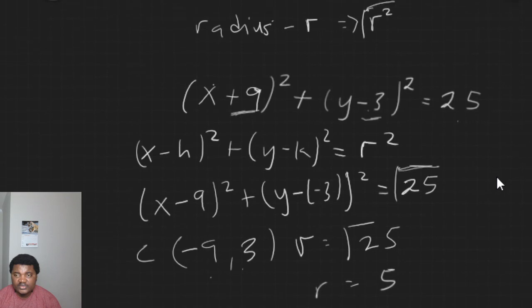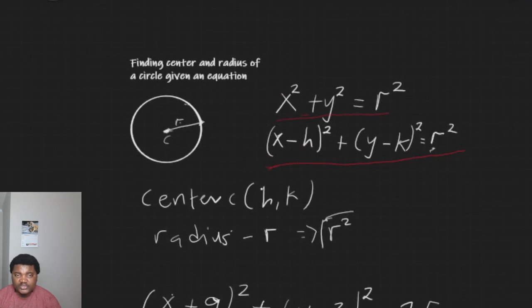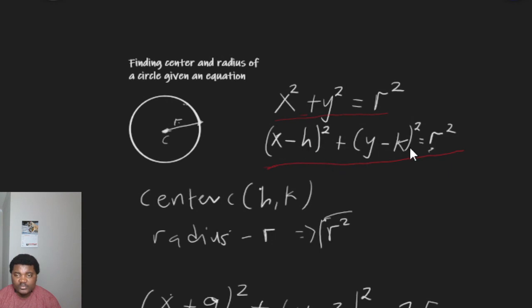Find the center and radius of a circle when you are given the equation. Know the standard form, and then your h and your k are the center. Your r is the square root of the r squared.